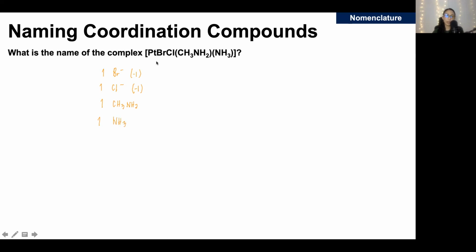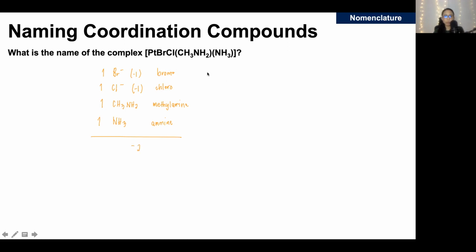Okay, so let's write the ligand names. So that's bromo, chloro, methylamine, and amine for ammonia. Okay, the whole complex is neutral. From the ligands, we have a total charge of -2.